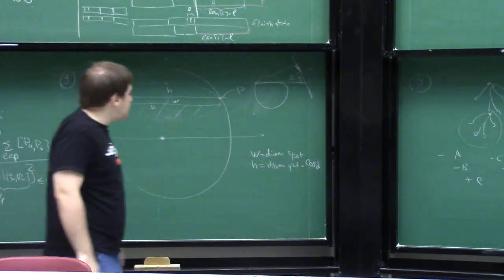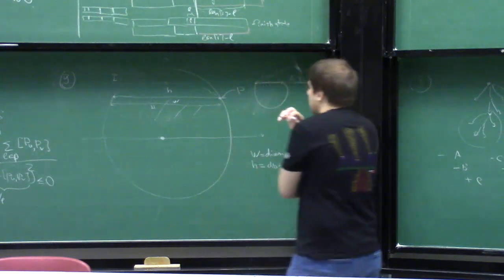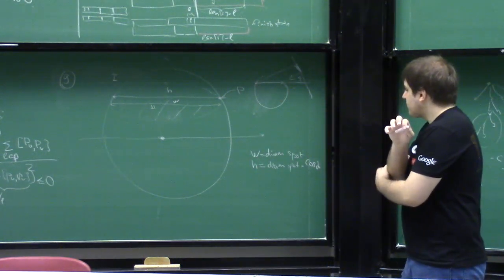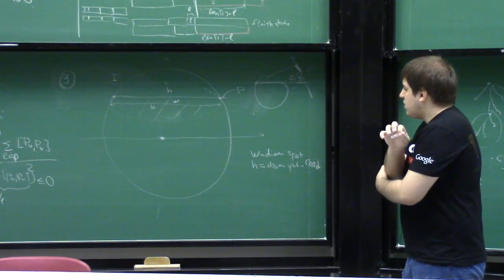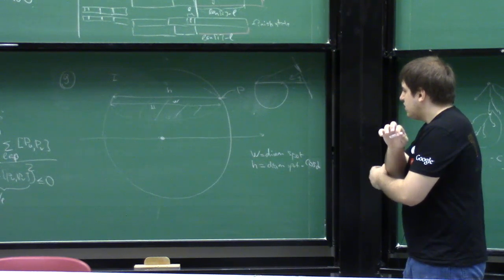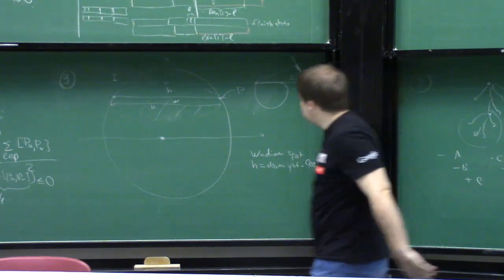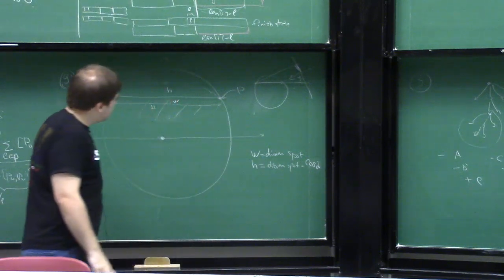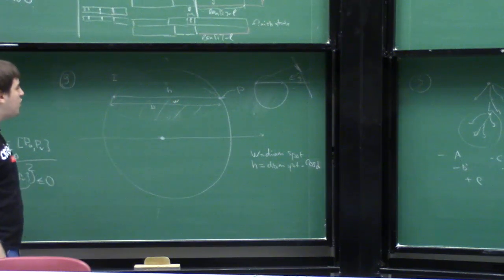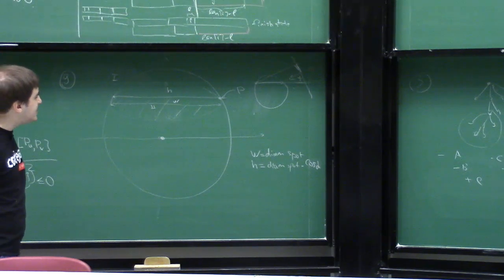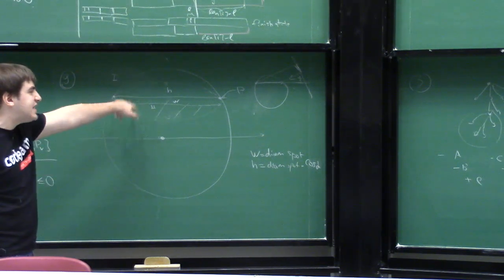Knowing P is a bit trickier. How do we get to know P? Let's say that we have the following recipe. We also may know the center of this ellipse.